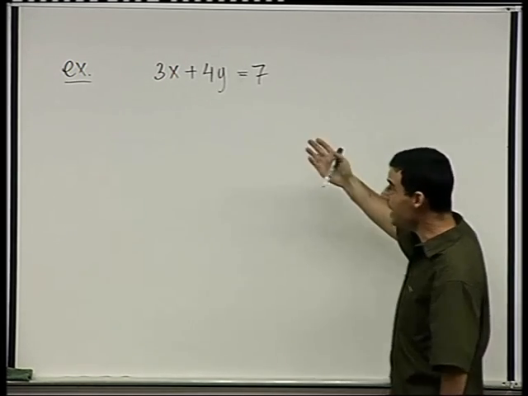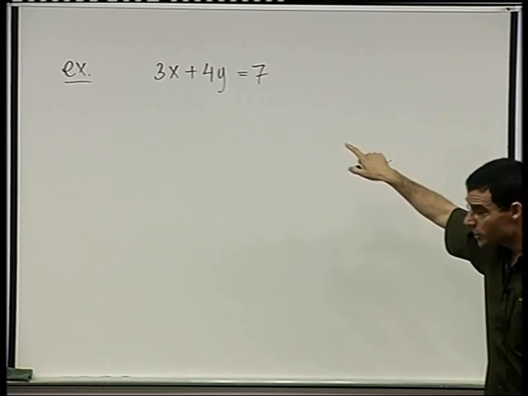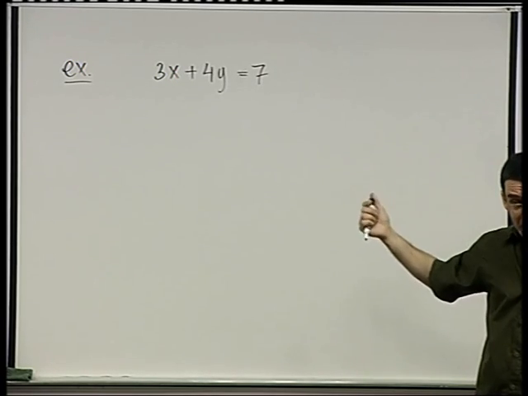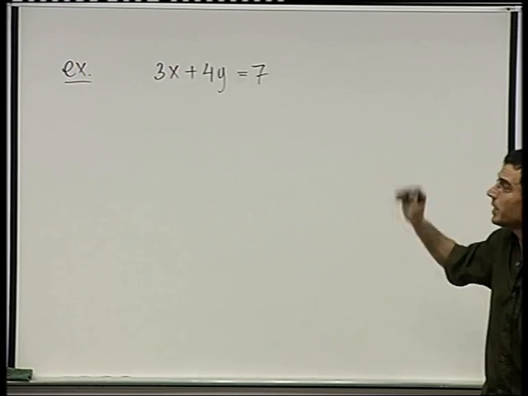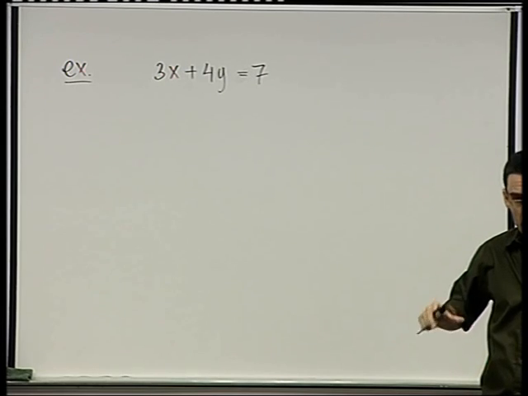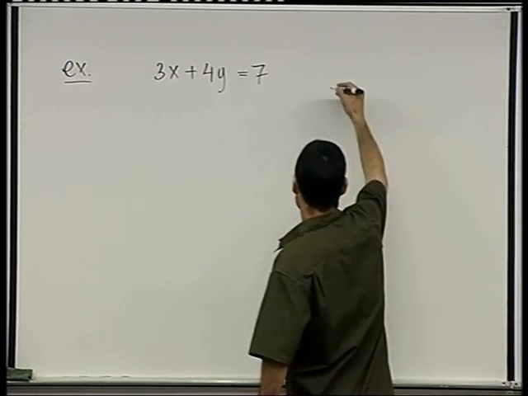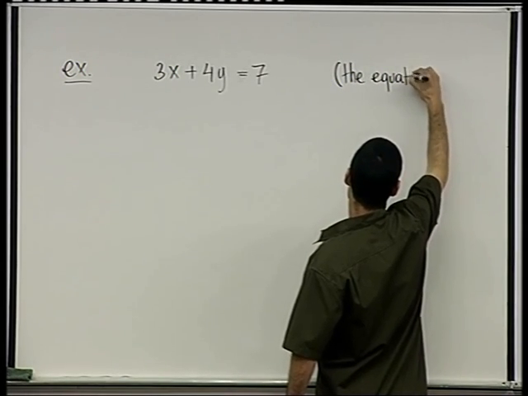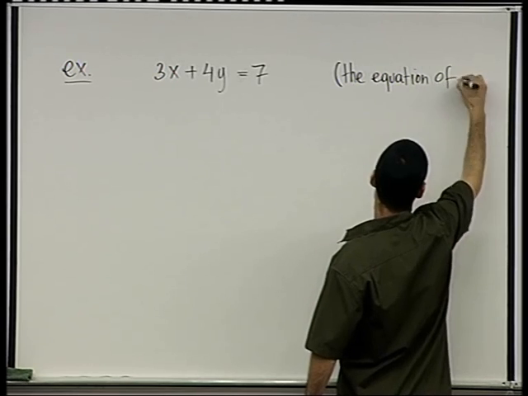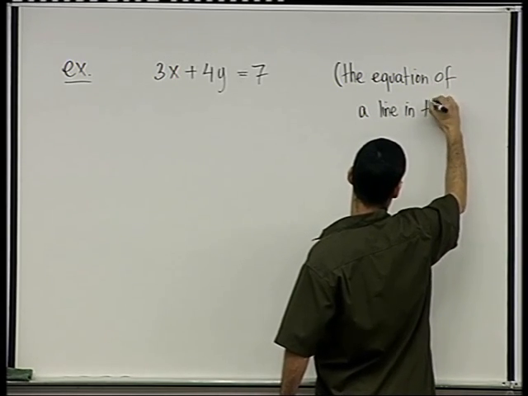And geometrically, I hope you know this equation describes a line in the plane, as a function. And that's why it's called a linear equation. That's the basic motivation for the name. So this is the equation of a line in the plane.